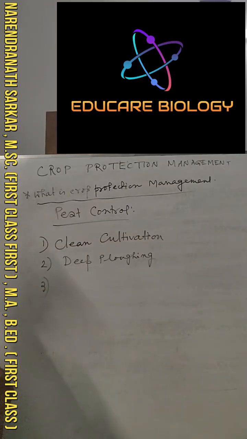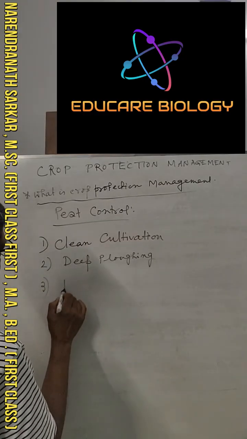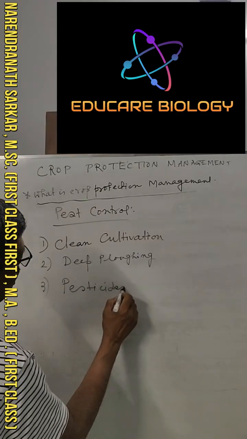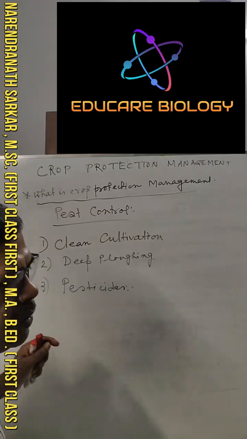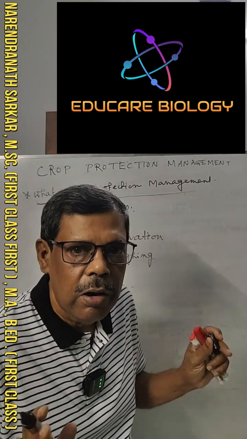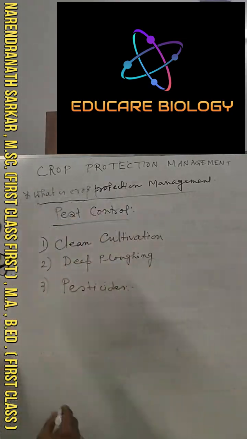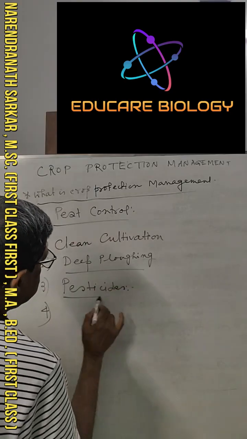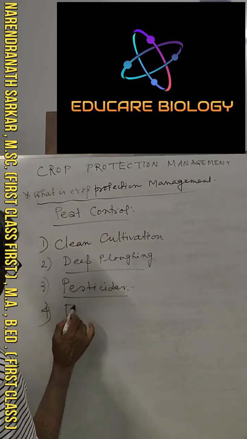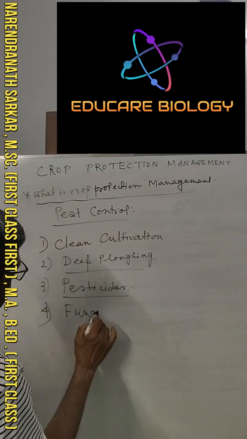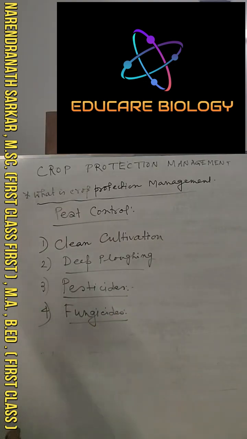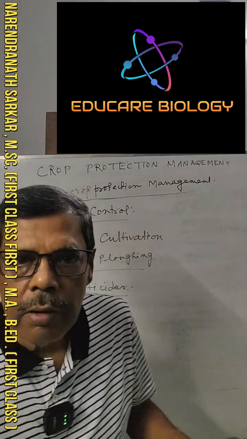Number three, pesticides, that is parathion, malathion, etc., would be sprayed on the crop plants. Number four, fungicides would be sprayed on the crop plants.